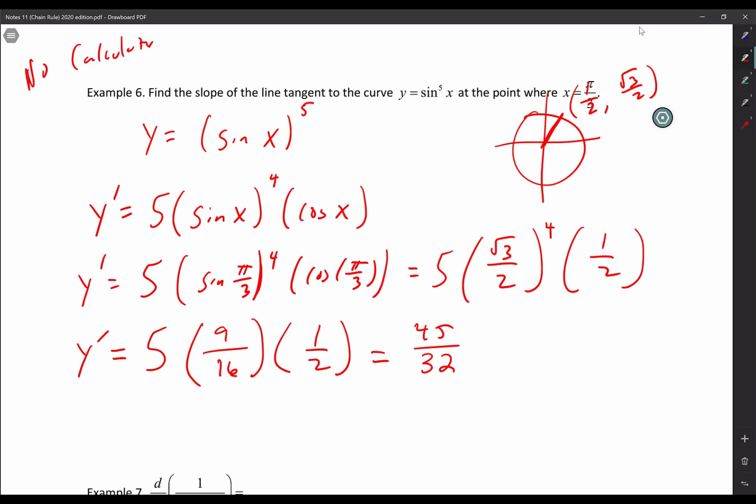For the function sine to the fifth power of x, if I say u equals sine x, this is like saying y equals u to the fifth.